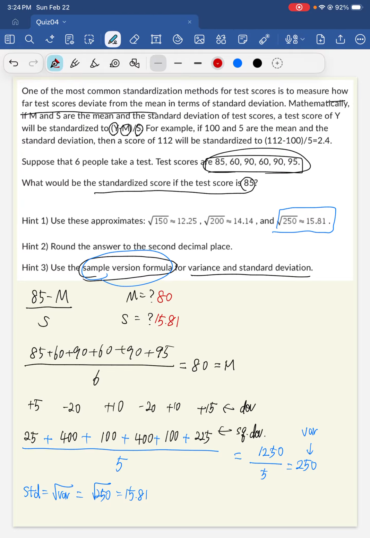So the standardized test score for 85 is this: subtract 80 and divide by 15.81, then it's 0.316 something. That is the standardized score. It means you are above the mean by 0.3 standard deviation.